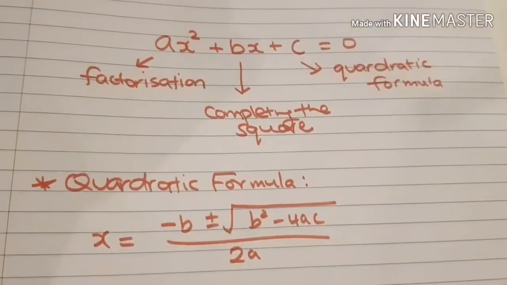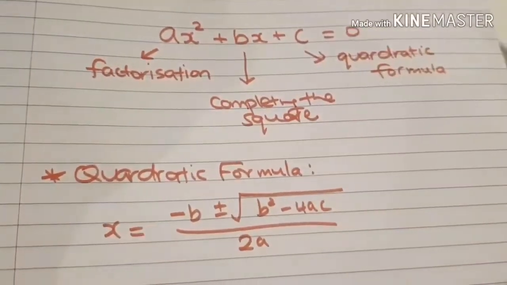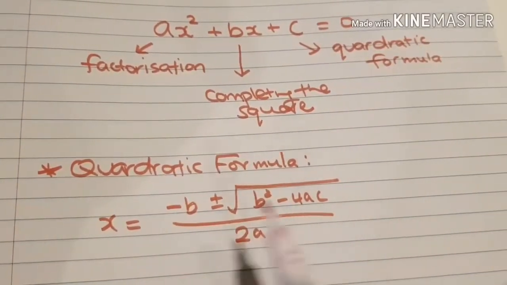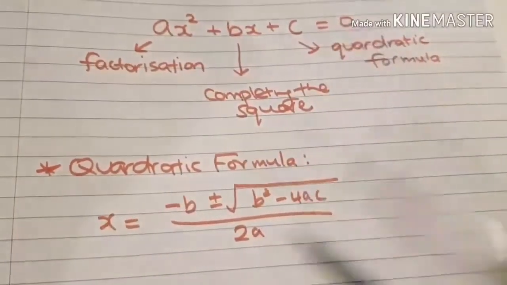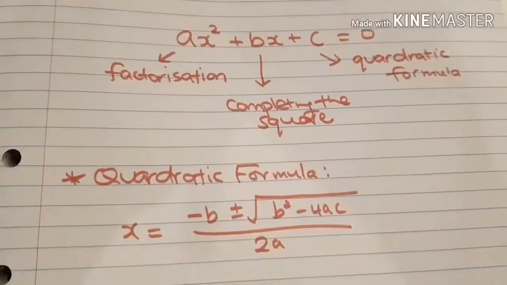Remember, the quadratic formula is to find the solution of x straight away. This was the formula to follow. Basically, you're inserting a, b, c into the formula to get the value of x.